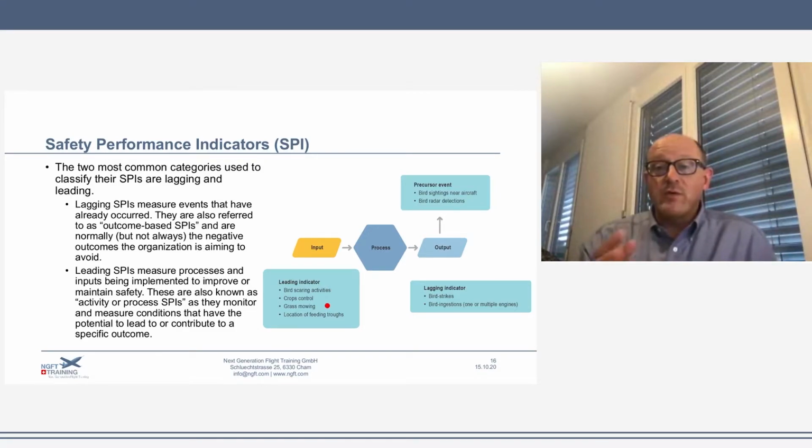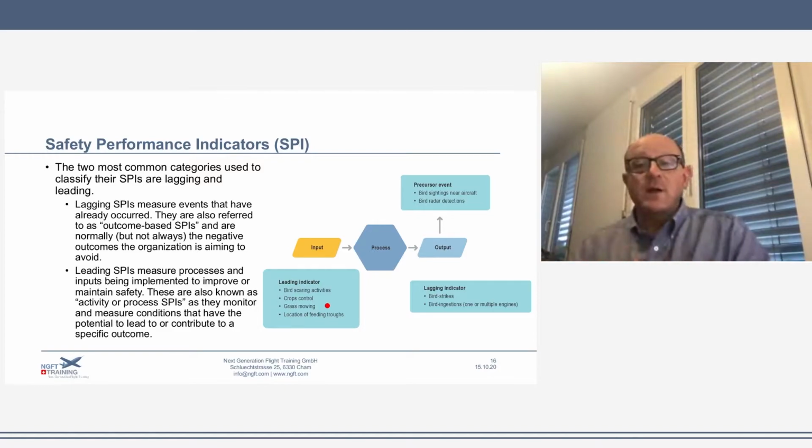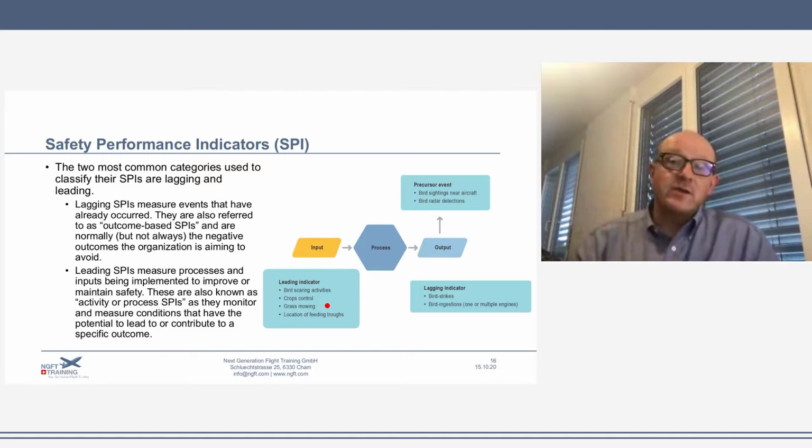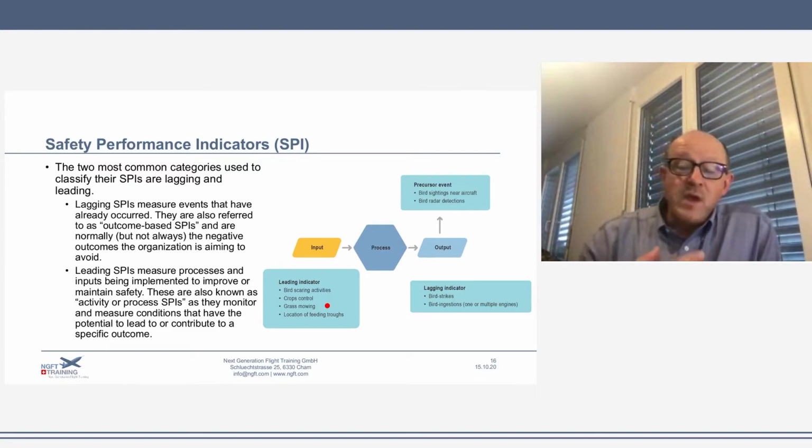If we mow the grass, those are things that we can identify and measure. If you're on an airport and you get feedback that the grass is mown, or you have done some crops control, that will give you feedback on the likelihood of bird activity.